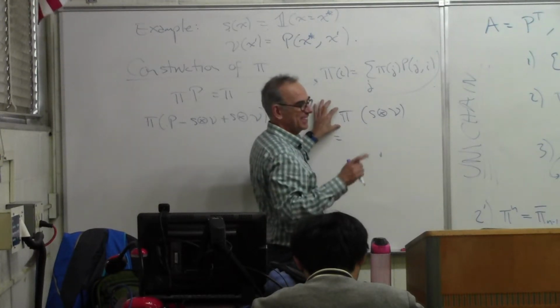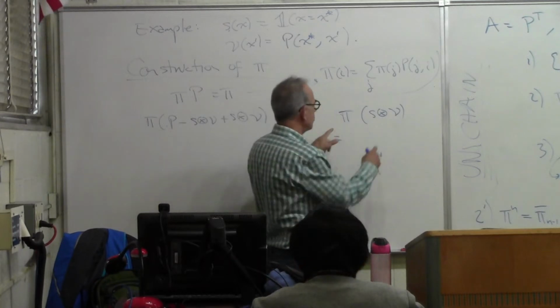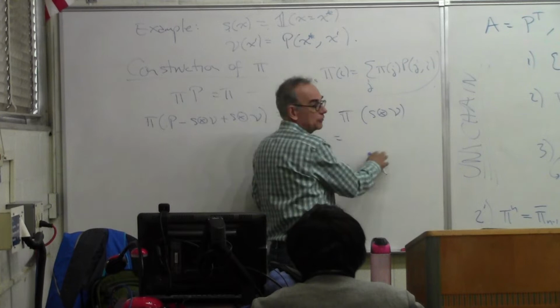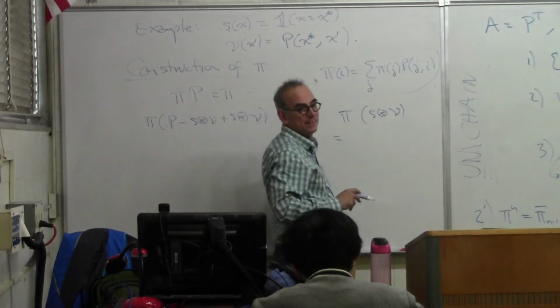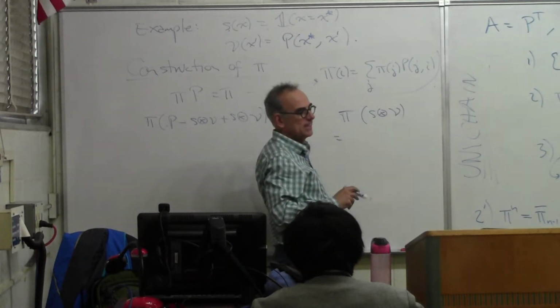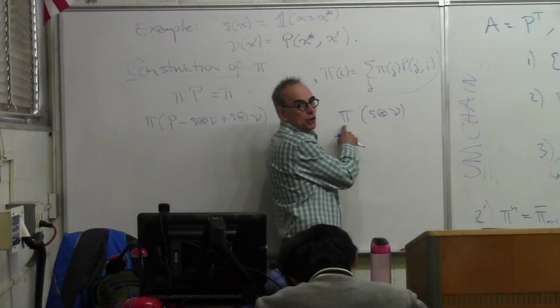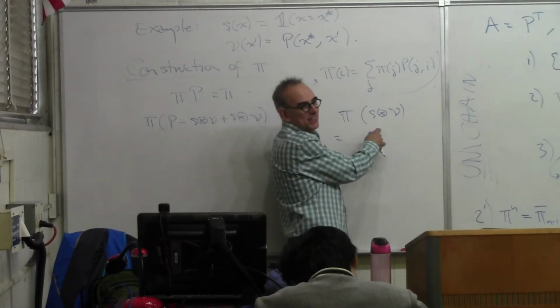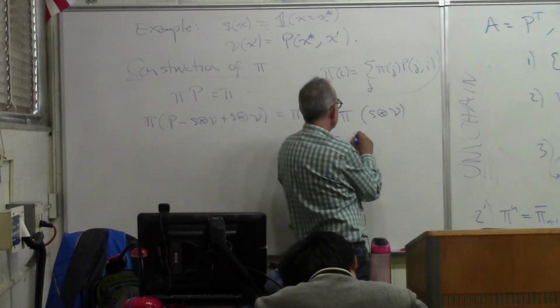A matrix times a row vector is a row vector. Yeah, but what row vector is it? What happens when you multiply a row vector times a column vector? You get a dot product, exactly. So it's some delta times nu.